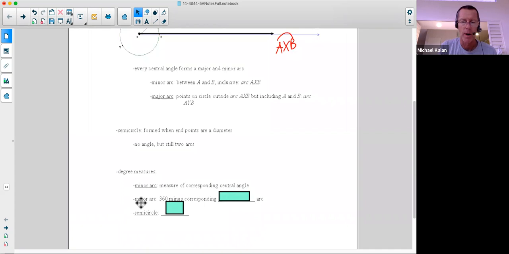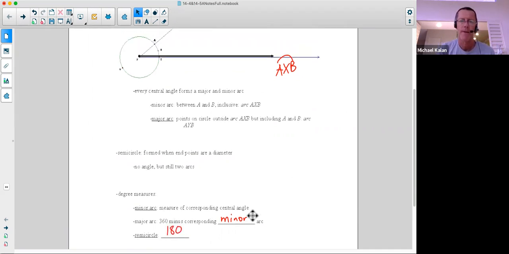The major arc is just 360 minus the measure of the minor arc. And what do you think the semicircle is? Half of 360, which is 180. So again, we're not saying that the degree is the length. It's not the length.